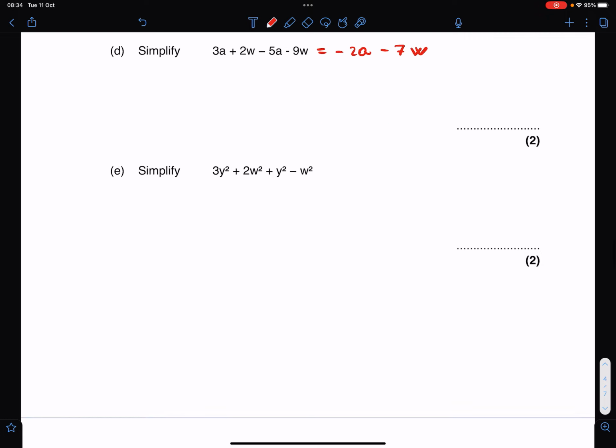So 3y squared plus y squared is going to be 4y squared. I'm just going to add their coefficients, not the power. 2w squared minus w squared, plus or minus? Plus w squared. You're doing very well. Sultan, clear? Makes sense?